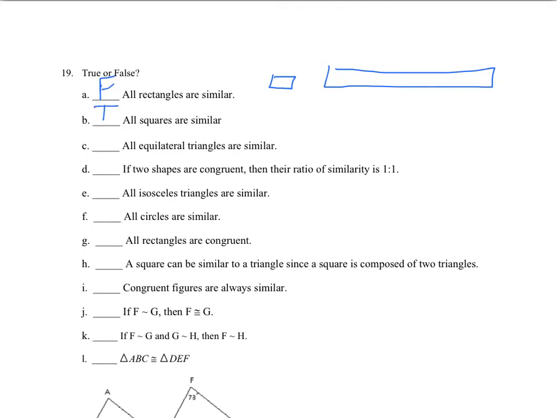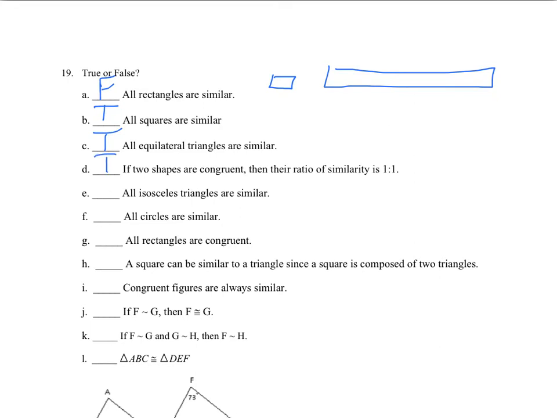All equilateral triangles are similar. All their angles are 60 degrees, and all their lengths are equal to each other. So we could multiply one by a scale factor, and they would all be multiplied by the same thing. So yes. If two shapes are congruent, then the ratio of similarity is 1 to 1. That is true. Basically, you have a scale factor of 1.